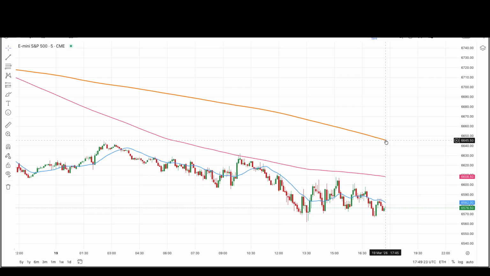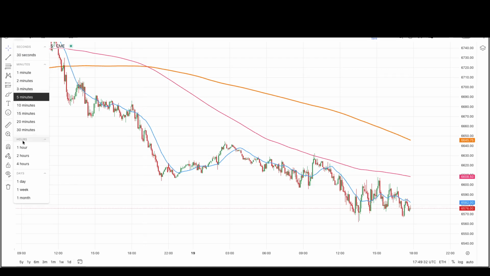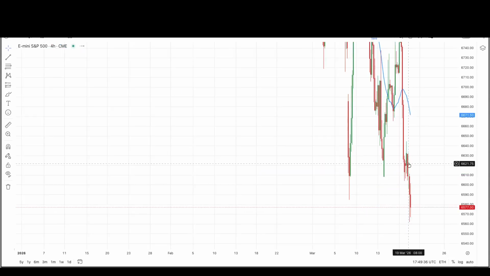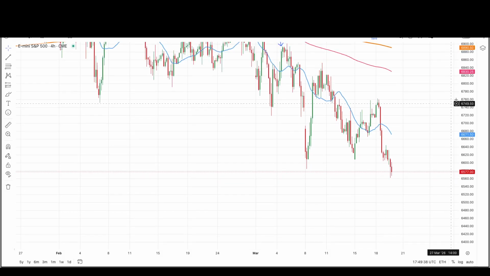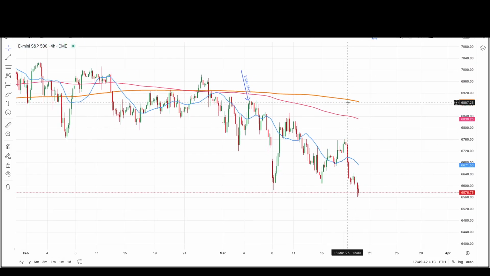If we get 6645, that's reasonably comfortable, but the market should overshoot beyond that. Again, this is a view. These are not predictions. It's very important to state that because we're not here to make solid predictions. We're here to get our thoughts together in terms of what's likely to happen.